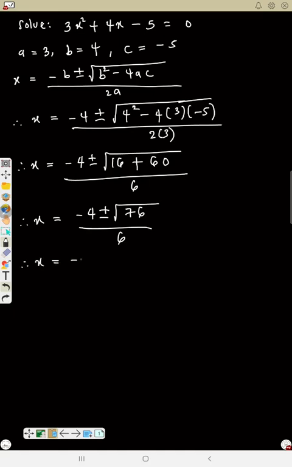So x is equal to minus 4 plus or minus, so what is the square root of 76? That is 8.718 approximately, divided by 6. Now plus or minus, split it.